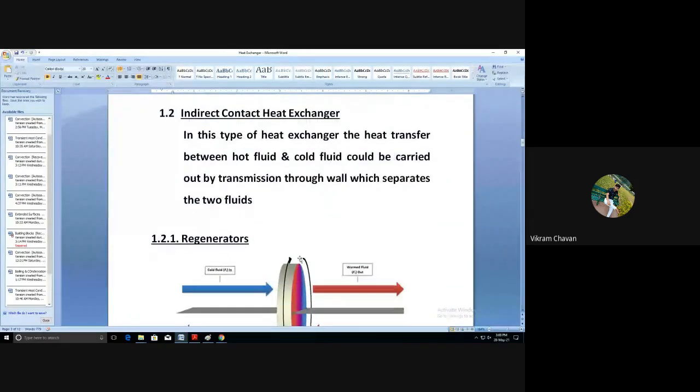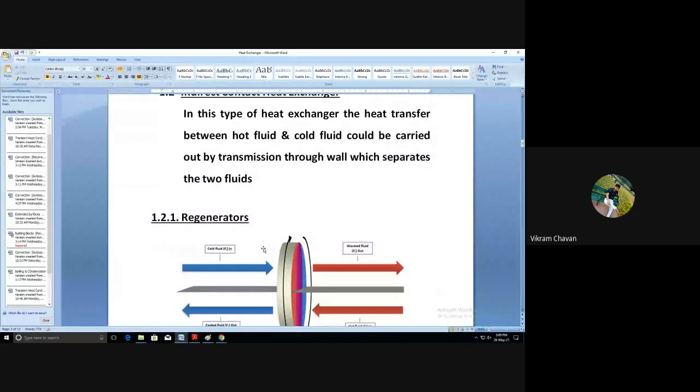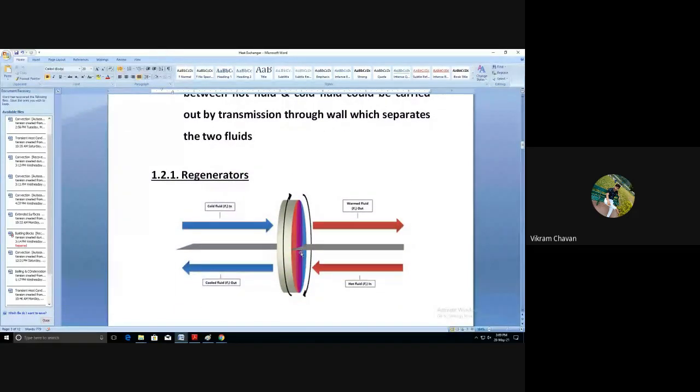Okay, so there are two types of indirect contact heat exchanger. The first one is the regenerator, 1.2.1 regenerator. You can draw this diagram at your best level.